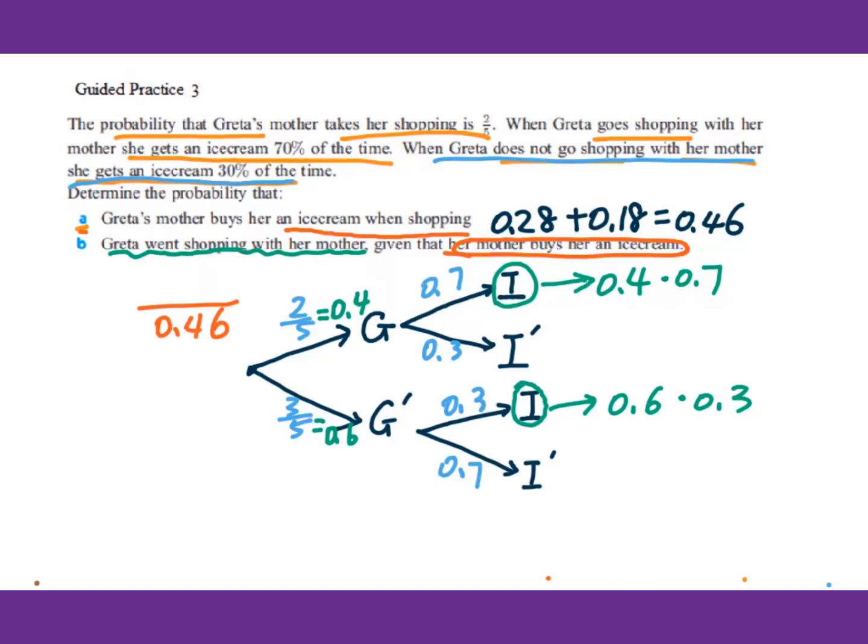So you have to do 0.4 times 0.7. In other words, Greta went shopping with her mom and her mom buys her ice cream happen at the same time. Therefore, you will get 0.28 over 0.46. So you get 14 over 23.